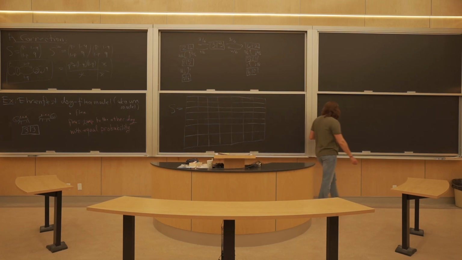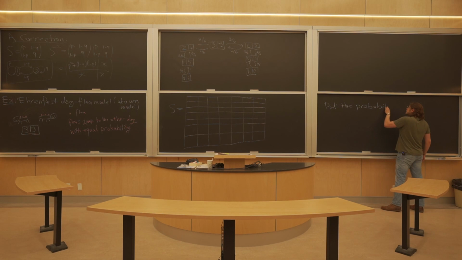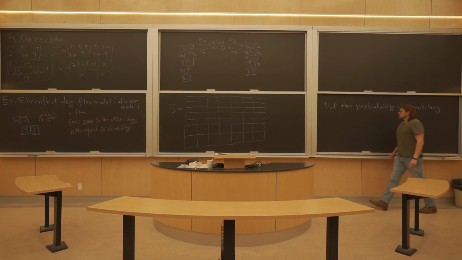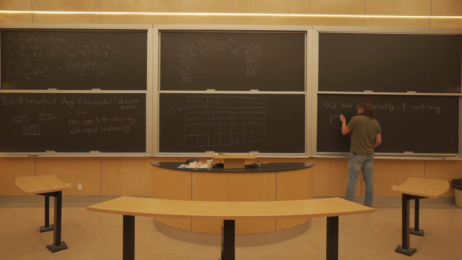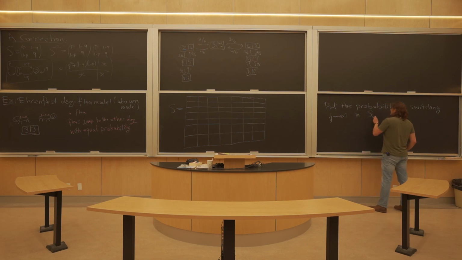So put the probability of switching j to i into the ijth entry in Sij. Okay?